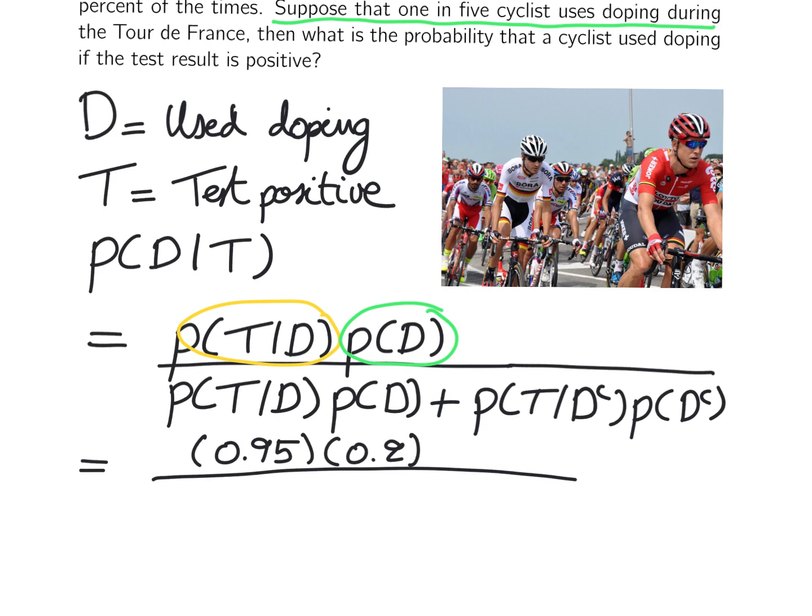Okay, let's now go to the denominator. And you probably see that the first term in the denominator is actually equal to the numerator. So we can plug in exactly the same values, because here we once again have the probability of T given D times the probability of the event D. So we can use the exact same numbers, it's exactly the same term.